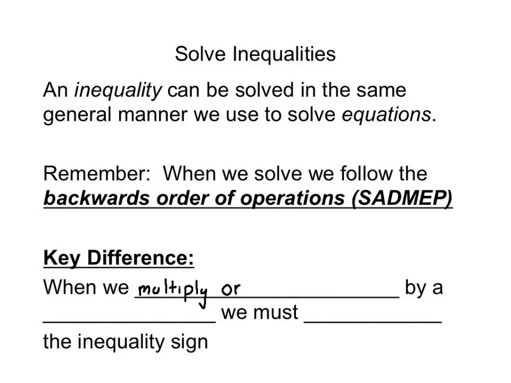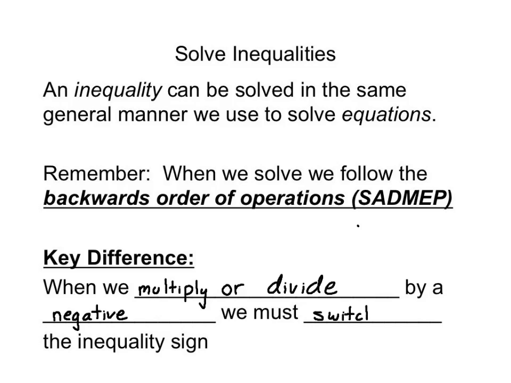So when we multiply or when we divide by a negative, there is a key change, and this is that we're going to switch the inequality sign. So we must switch the inequality sign.